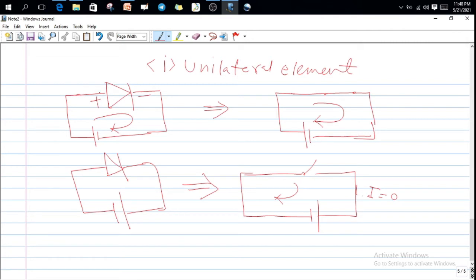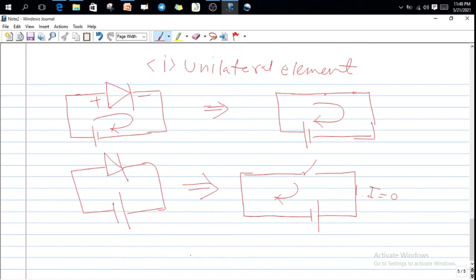This is the normal PN junction diode. But some diodes work in the negative direction, but won't work in the forward bias. Anyhow, you could summarize it: unilateral elements are those elements which show the property with the current in one direction.